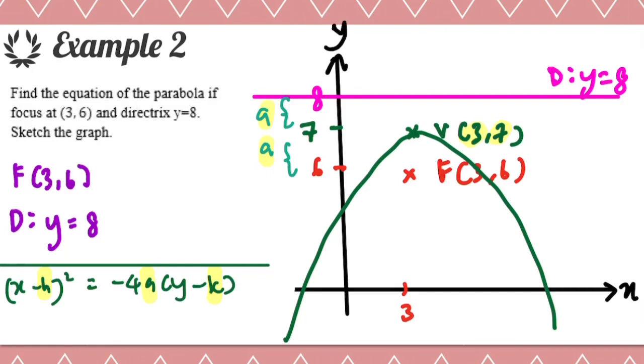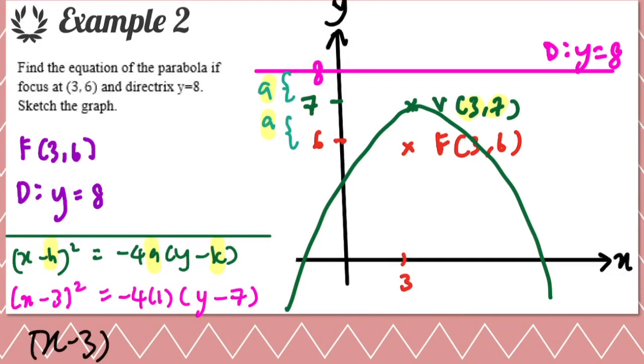And let's fill in our a, which is the distance between the vertex and the focus, and the vertex and the directrix line, which is equal to 1. So (x - 3)^2 = -4(1)(y - 7). Therefore, our answer is (x - 3)^2 = -4(y - 7). That is the equation of this parabola opening down.